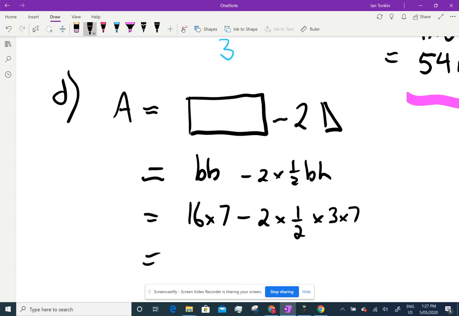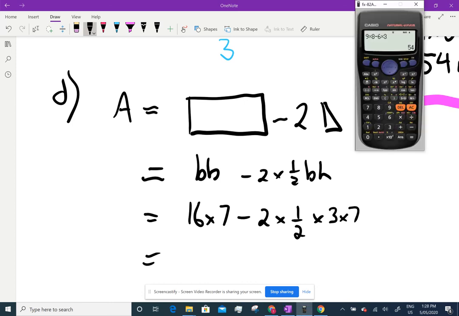And again, straight to my calculator. So 16 times 7 minus 2 times a half times 3 times 7.